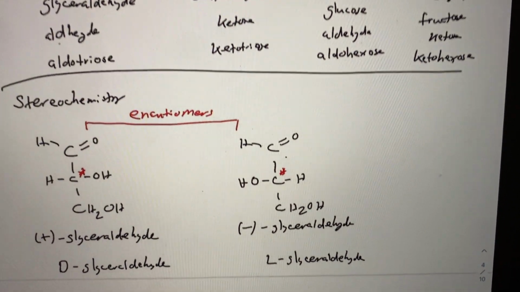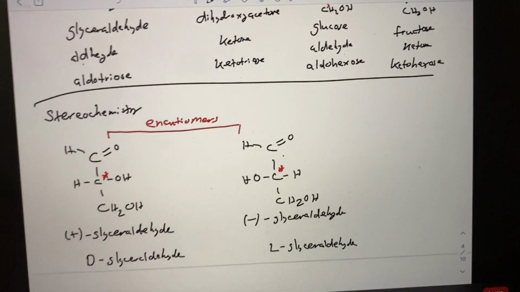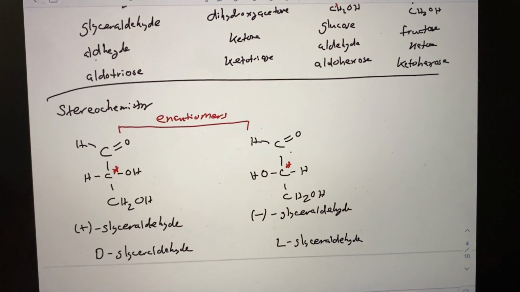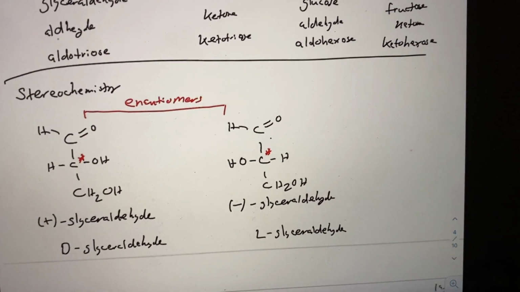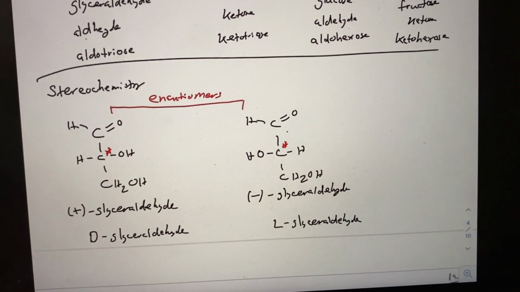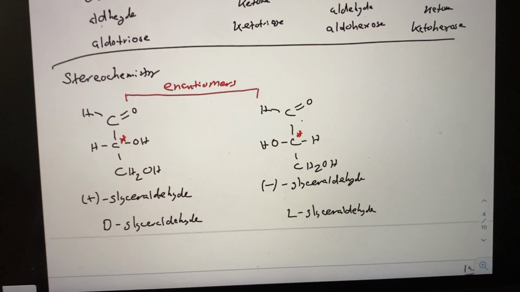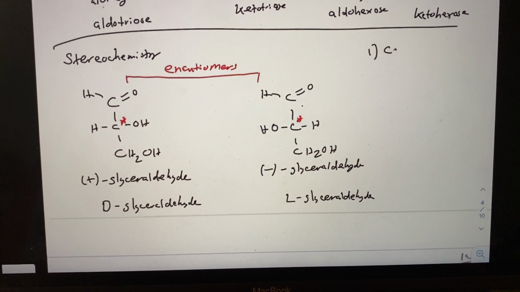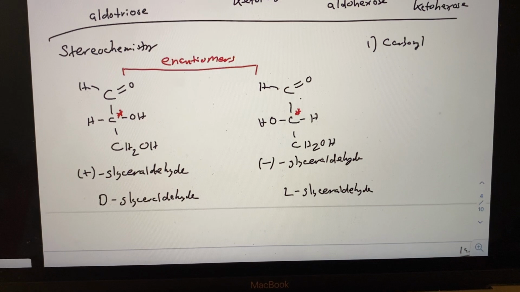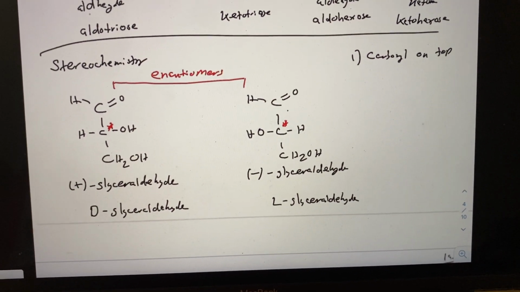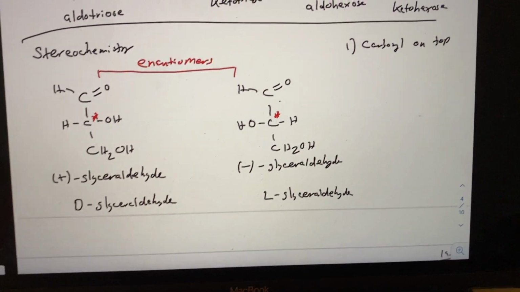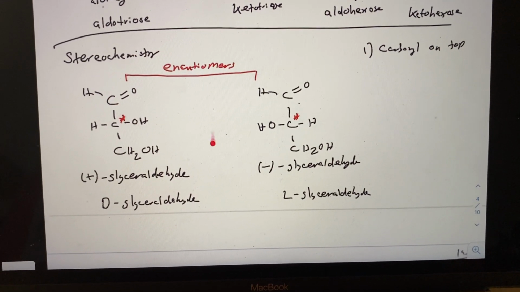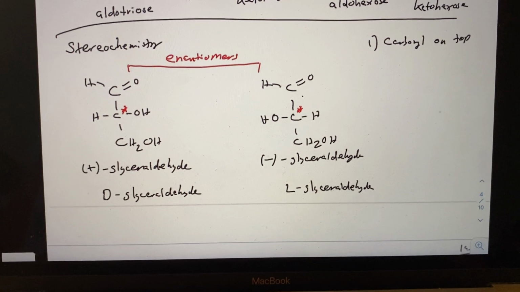Okay, so while we're on this, a couple of more points. This was mentioned in that video, so we can go back to it if you want. The language for the D and L is that you put the carbonyl group on the top in terms of the Fischer projection. So the carbonyl group is sitting here, carbon 1, 2, and 3, and so on. In other words, this carbonyl group is not down on the bottom, flipped around.